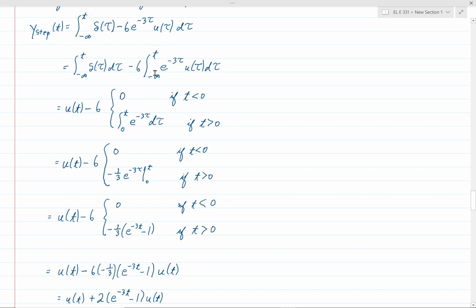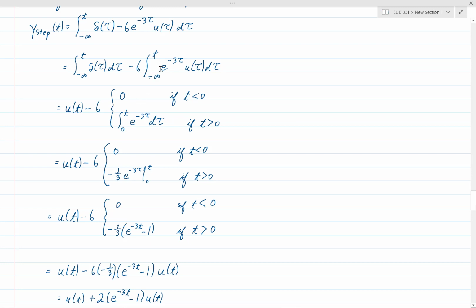Okay, now what if t is greater than 0? Well, if t is greater than 0, we're going to have to take into account what's going on. But notice one other interesting thing. The lower limit, instead of being -infinity, can be replaced by 0. Why is that? Well, it's related to what we said a moment ago. We don't have to consider the case where tau is less than 0, because whenever tau is less than 0, u is equal to 0, and so the integral vanishes.